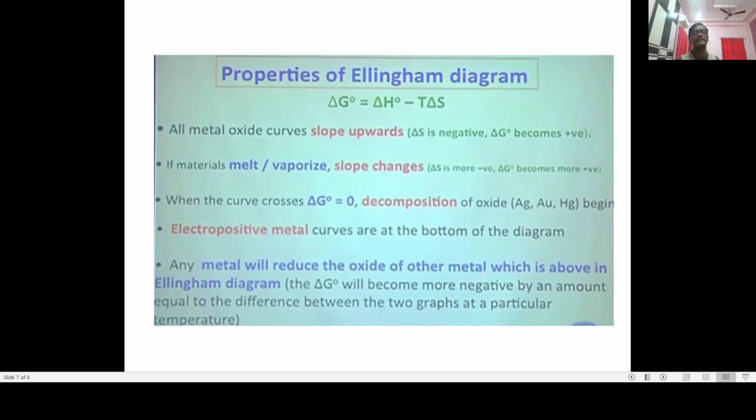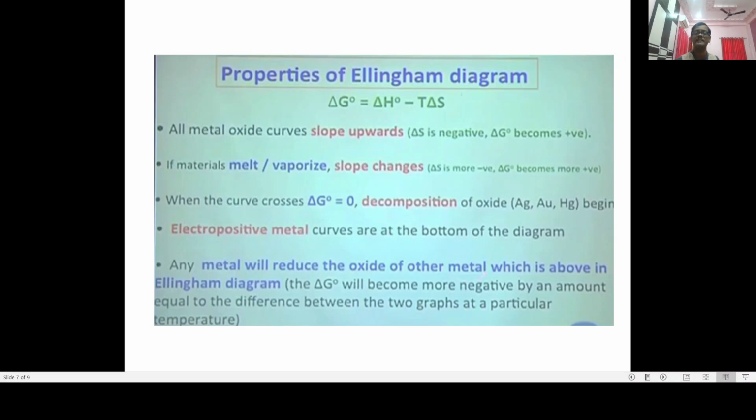The prediction from this graph, from delta G equals delta H minus T delta S, is that all the metal oxide curves slope upwards because delta S is negative.